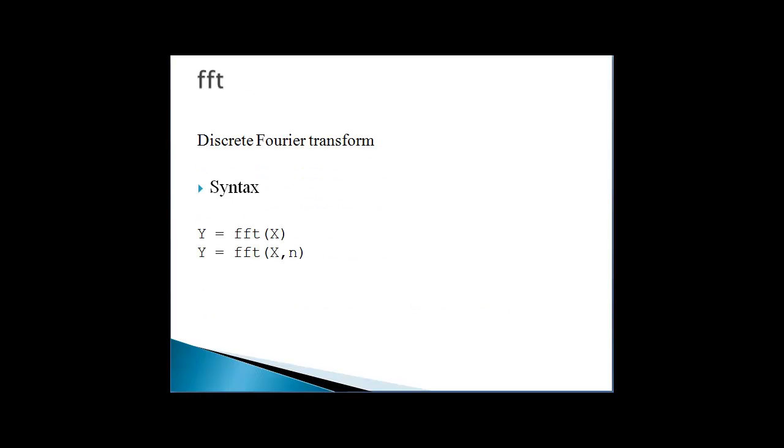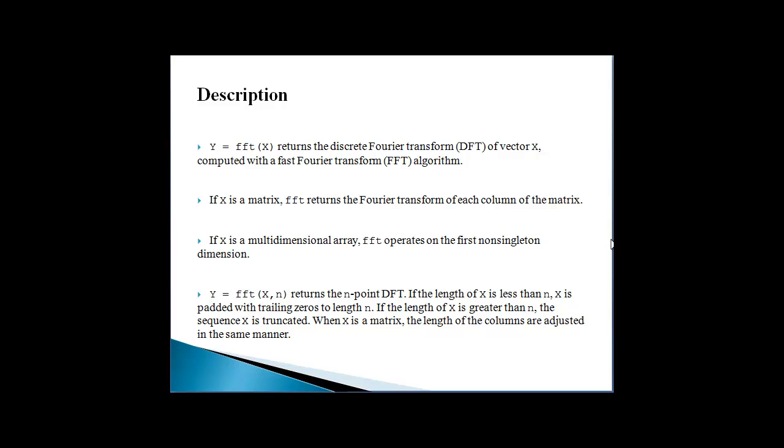Now coming towards the FFT, the discrete Fourier transform, also known as the fast Fourier transform. The syntax for it is either fft of x or fft of x comma n, according to the question given.